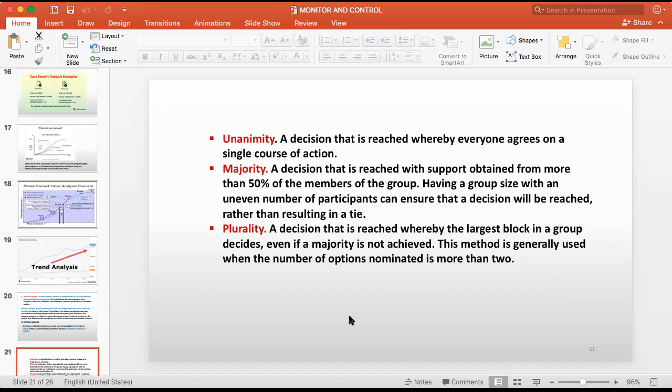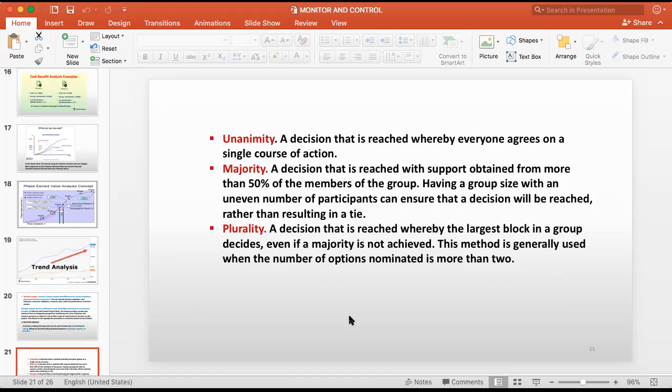You will not get unanimity anyway, but you consider the majority. He has taken more than 50%, so he will be the next president. A decision that is reached with support obtained from more than 50% of the members of the group. Having a group size with an uneven number of participants can ensure that the decision will be reached rather than resulting in a tie.